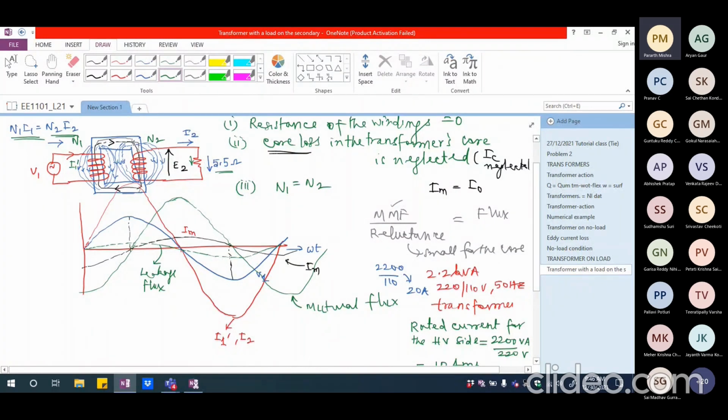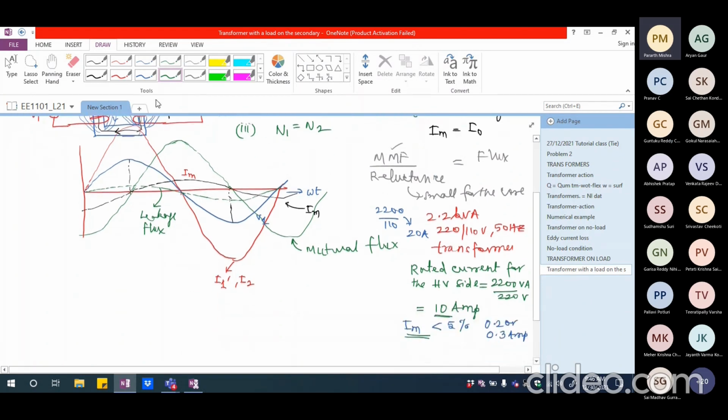And the magnetizing current is not going to change much, because for a particular voltage and particular frequency, a particular flux has to be established in the core. So the magnetizing current is going to be a constant value. Okay, so there are going to be mainly two components of flux in the transformer under load condition.